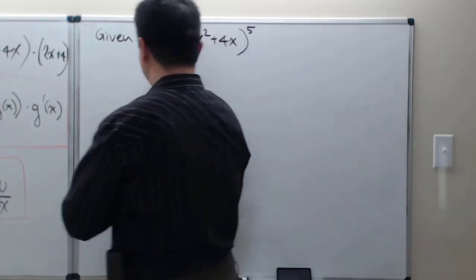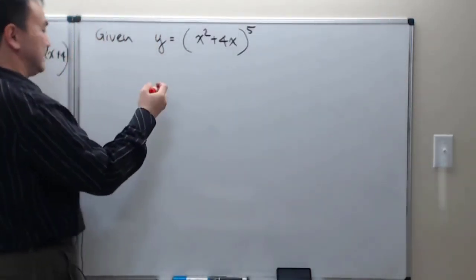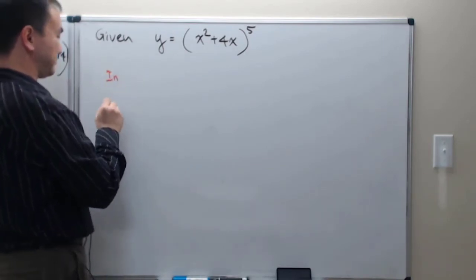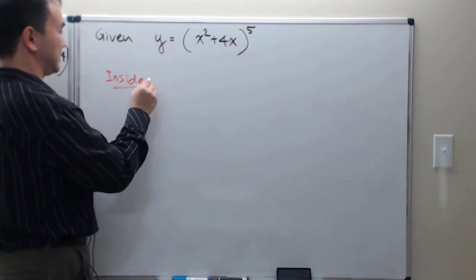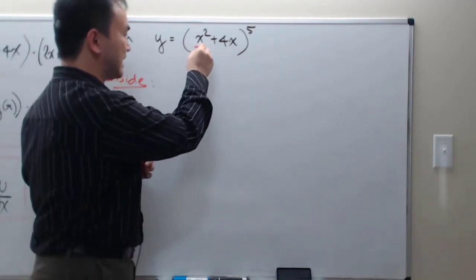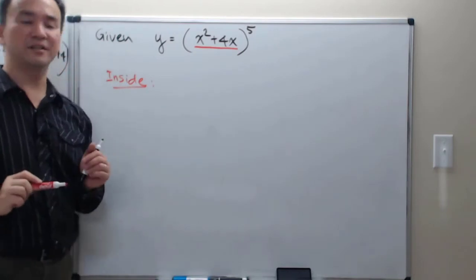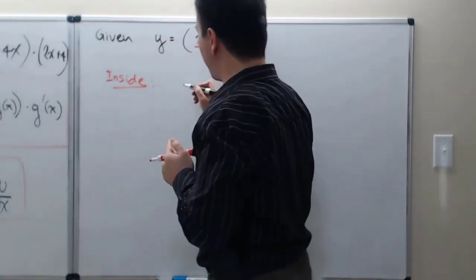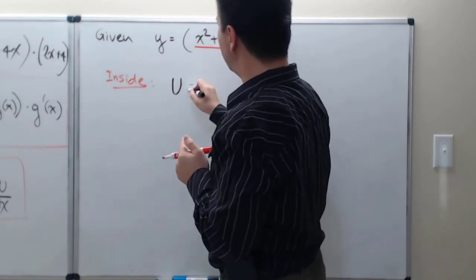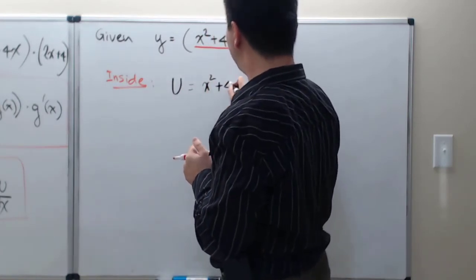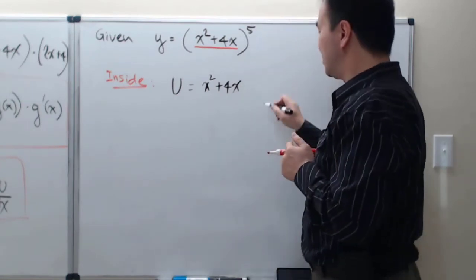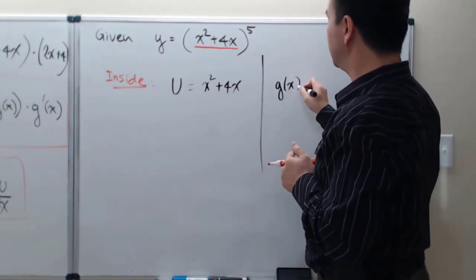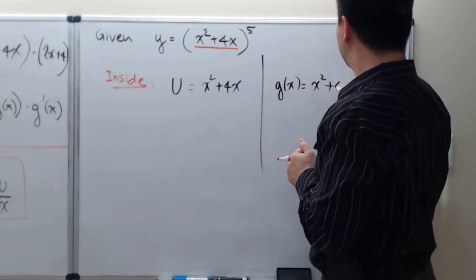So what I do here, a couple of different options. I can recognize all that expression I underline being inside of my fifth power. We can write it as a new variable u equals x squared plus 4x. That's one way of writing that. Or we can write it as g of x equals x squared plus 4x.